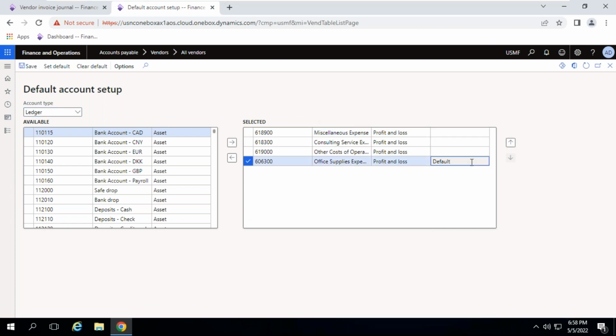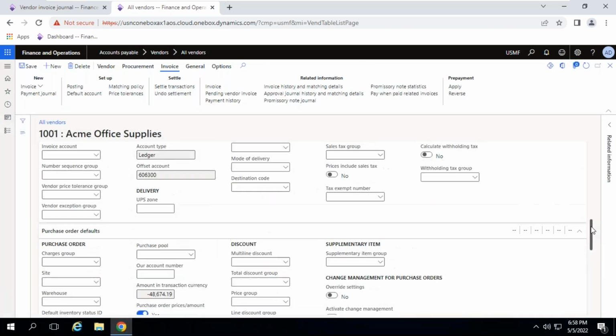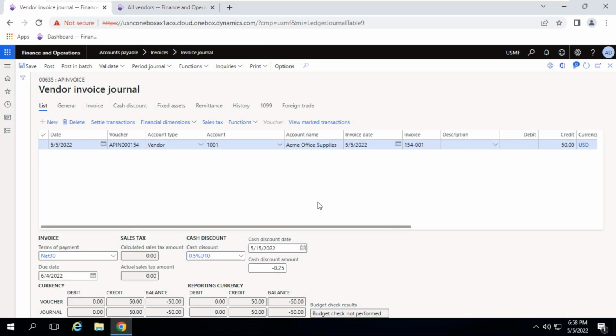Understood? If you map it, it will come. Set as default. Got it. Based on the requirement, you can use it. The default accounts will be popped up, along with the dimensions.